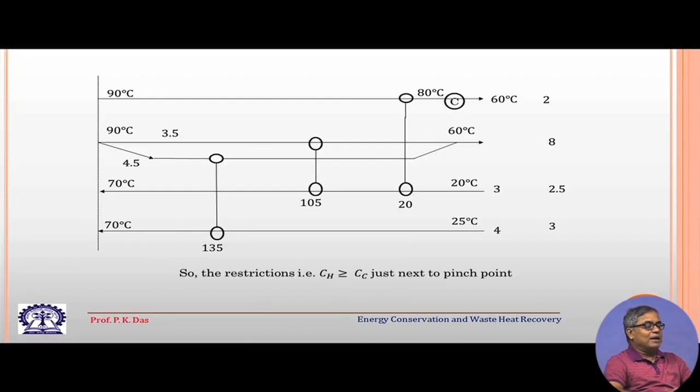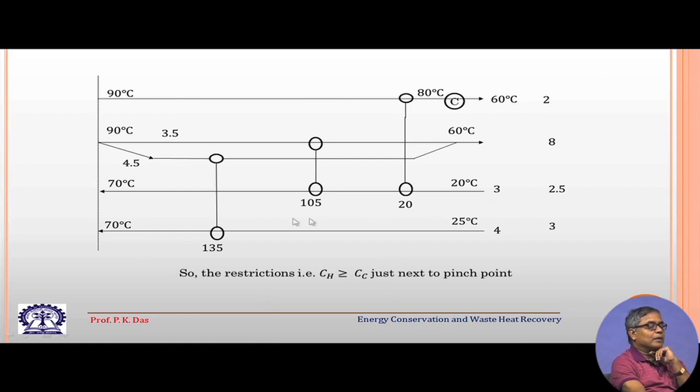So, next level, for the cold end, we get the solution like this. So there is a stream splitting needed, and we have already shown the stream which is having 8 heat capacity rate, the hot stream, that has to be split into 2. So, here we are showing the stream has been split into 2.